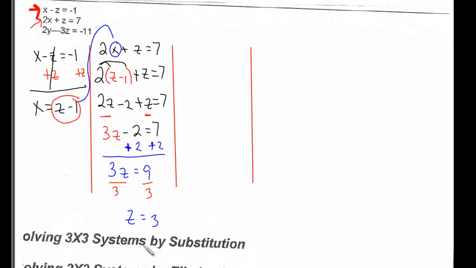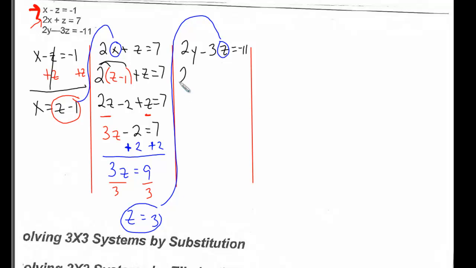So now I have a variable for sure, and I can substitute it back into this third equation to get what y is equal to. So substituting 3 into the third equation, anywhere I have a z, I get 2y minus 3 times 3 is equal to negative 11.